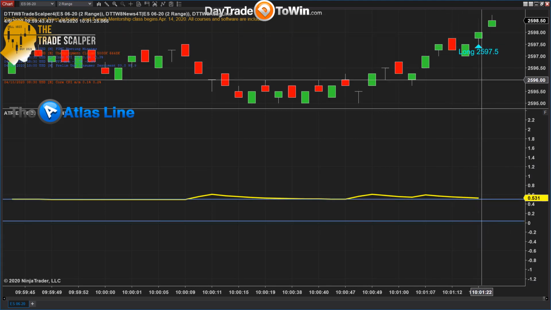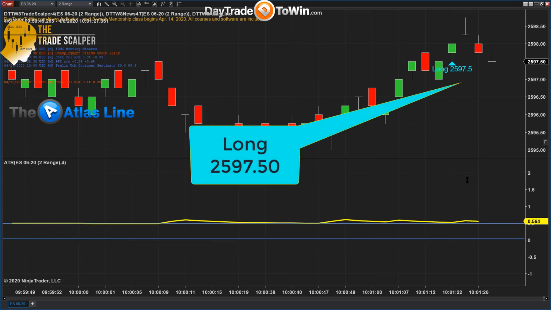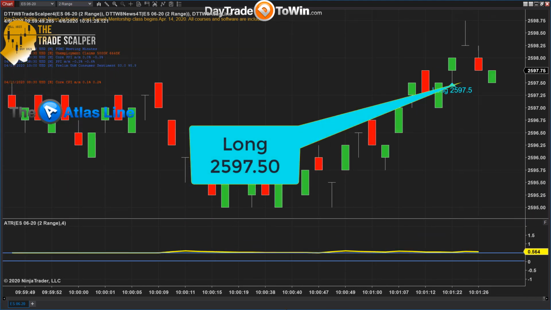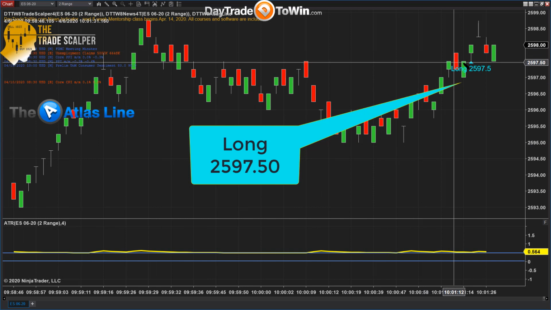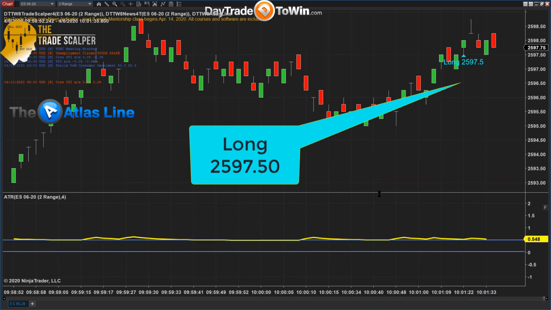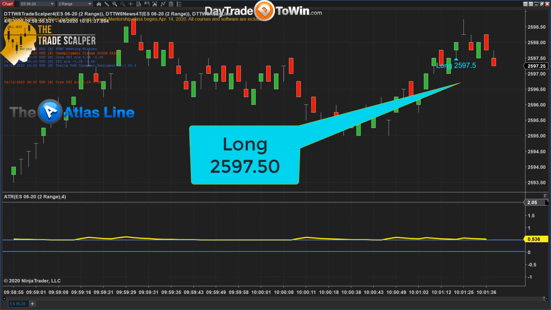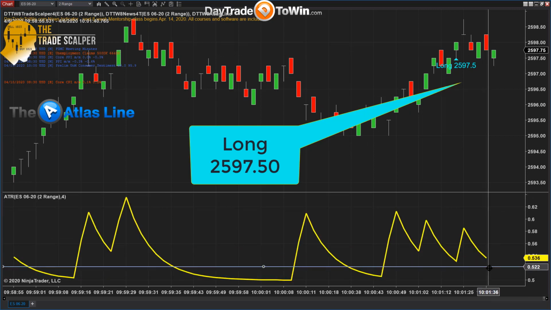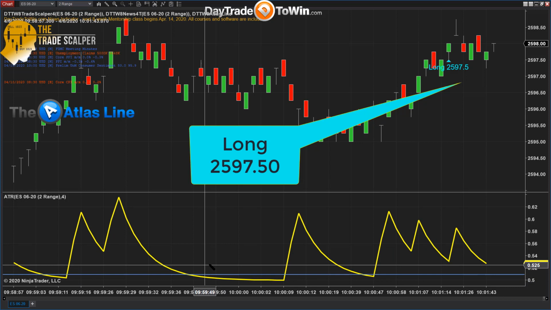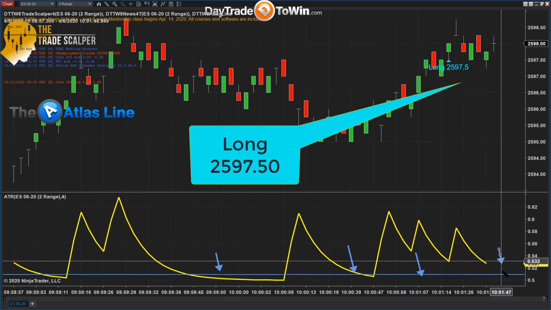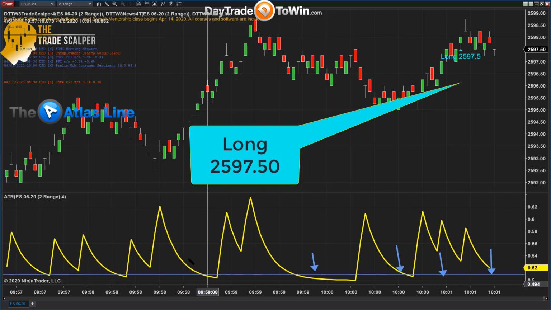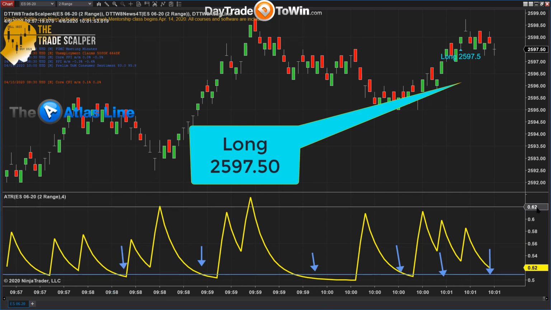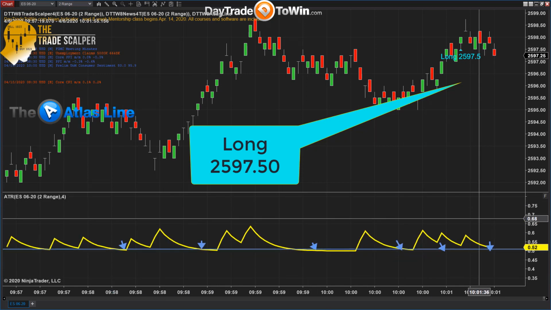Oh, there's a long trade here, 25.9750. So this is a long at 25.9750. Okay, so going back to your question, every single candle is right about 2 ticks on the range, and that's all it's going to be. It'll never reach 3 ticks. And so 3 ticks is here.